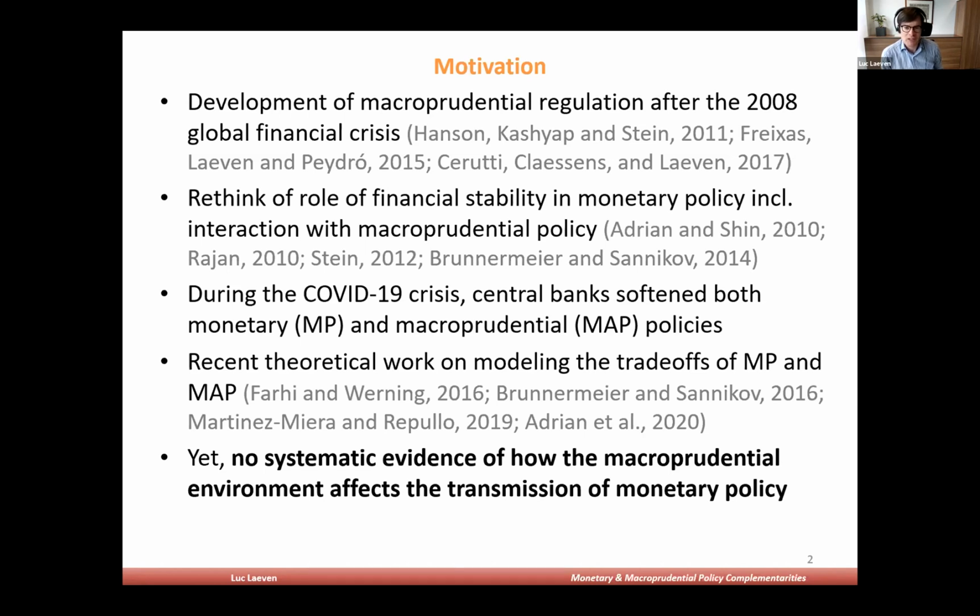This is an empirical paper, and it builds very much on the type of theory that Anton and others have worked on. I just mentioned a few papers here, and in particular, the literature that has considered various trade-offs of using monetary policy and macroprudential policy.